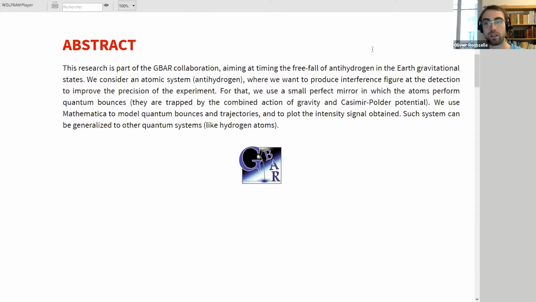So we have to test it, and such an experiment is led at CERN, in Geneva. It is implemented, and we are working with experimentalists to do this. We need to use a neutral antiparticle because at this scale, electromagnetism is dominant over gravity. So if we take a charged particle, for example, we will not see the effect of gravity only.